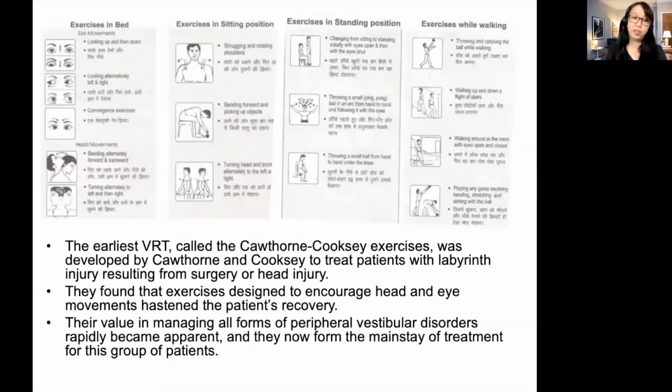The earliest VRT we all know is called Cawthorne-Cooksey exercises. It was developed by a surgeon and a physiotherapist to treat patients with labyrinthine injury, which resulted from surgery or head injury. They found that exercises designed to encourage head movements or eye movements hastened the patient's recovery. And since then, it's been used a lot in peripheral vestibular disorders.